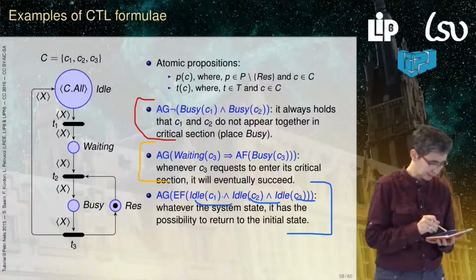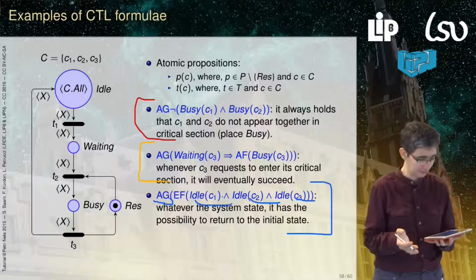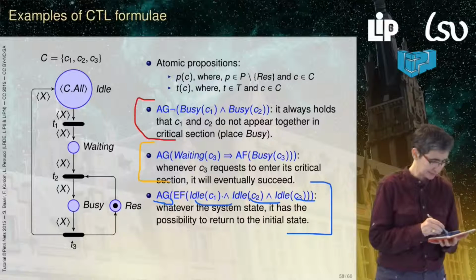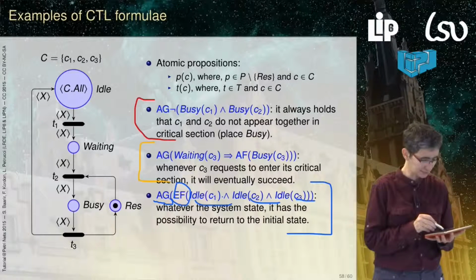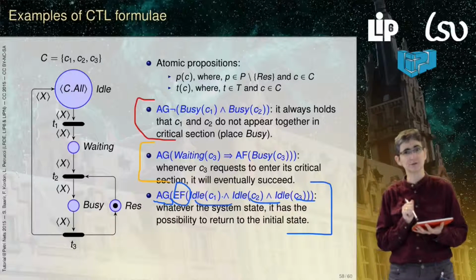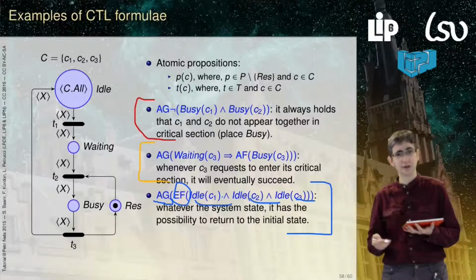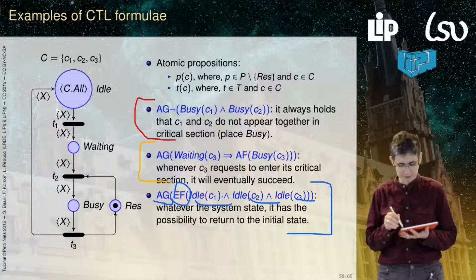So always globally, so everywhere in the tree of executions, there exists in the future a state where I have the three processes in the idle state. So I can return back to this initial state in my Petri net.